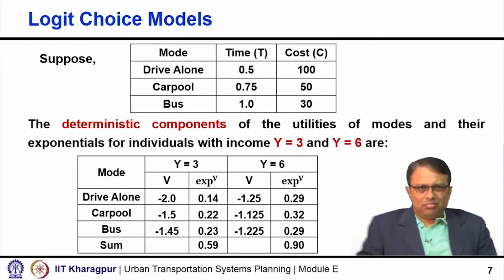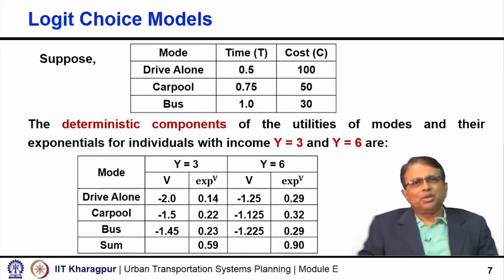Similarly, for income of 3 lakh per annum, y equal to 3, we can calculate the utility of carpool and bus, of course, the deterministic component of utility. Similarly, we can calculate also when the value of y is 6, the deterministic component of utility for drive alone, again similar thing for carpool and for bus.